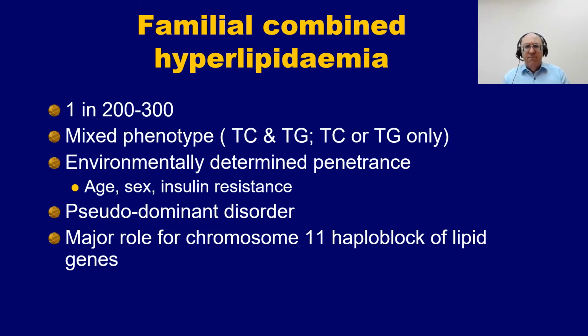So it has an environmentally determined penetrance. It's pseudodominant. There's a major role for a block of lipid genes on chromosome 11, a haploblock which has been identified, and different populations segregate to different areas of this, such that the Turkish population segregates to the Q end, and the Dutch population segregates towards the P end of chromosome 11 in large-scale mapping studies.